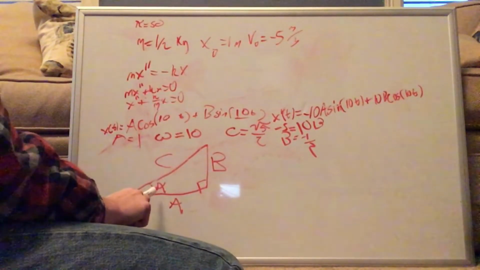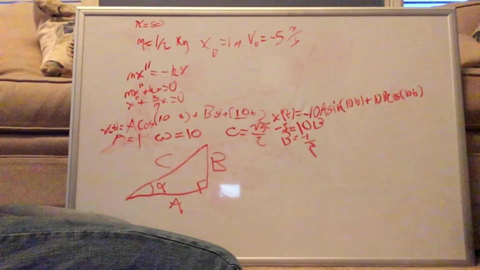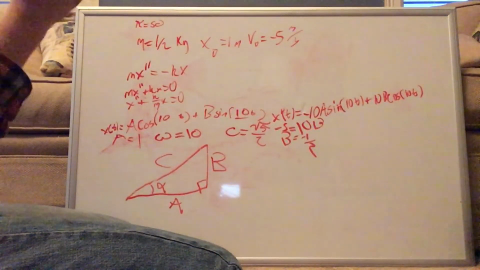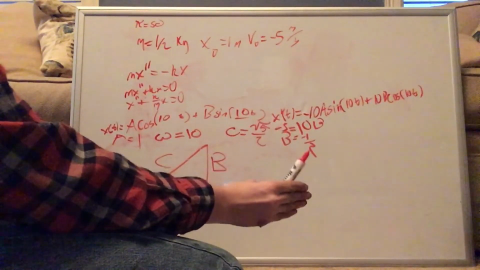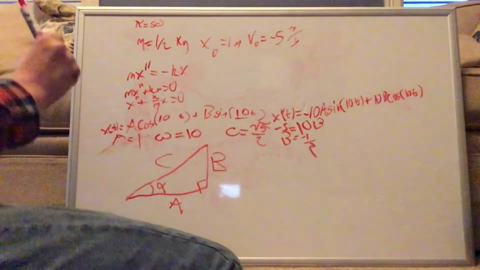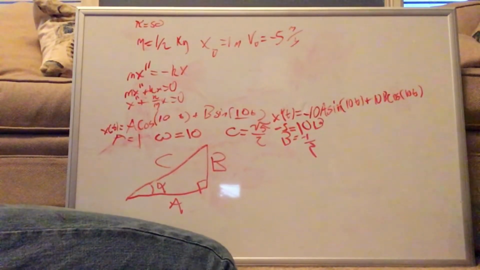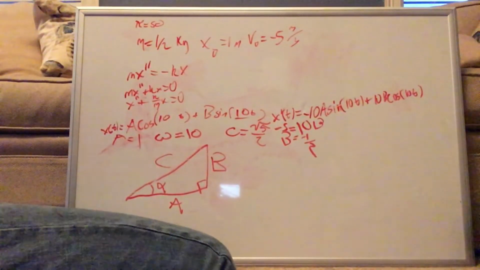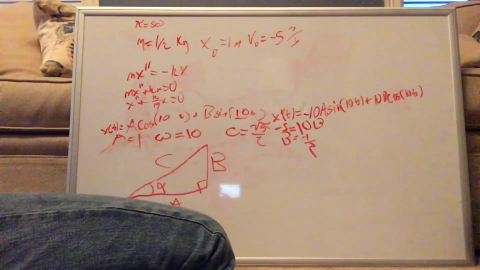Now we need to find alpha. Alpha is called the phase angle. And what that is, imagine you have 2 clocks going, right? And they're going at the same speed, but one of them says it's 1:30 and the other one says it's 1. So the phase angle is how far offset it is at the beginning, or how far offset it is from the standard.